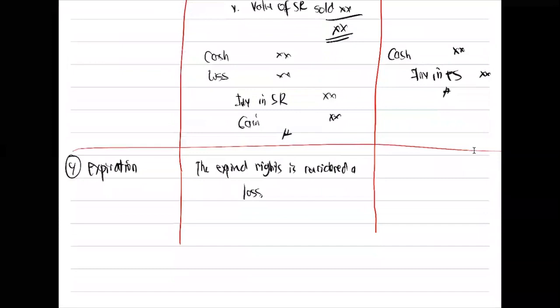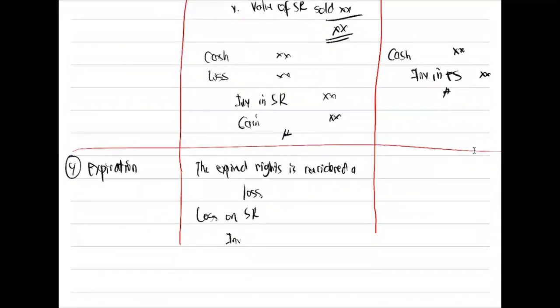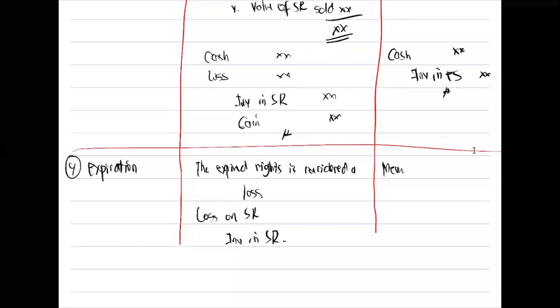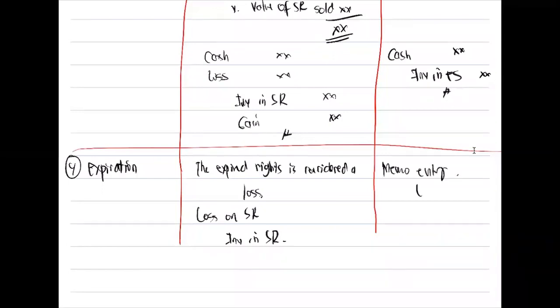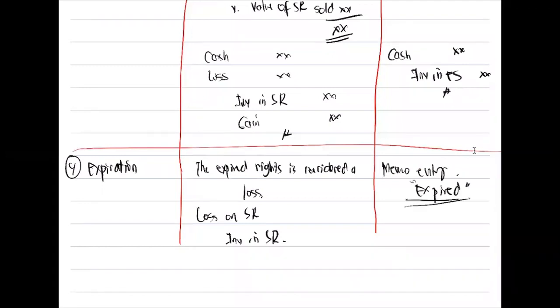Then what is our entry? You debit loss on stock rights. You credit investment in stock rights. Here, in your not accounted for separately, you will only make a memo entry that it is already expired.